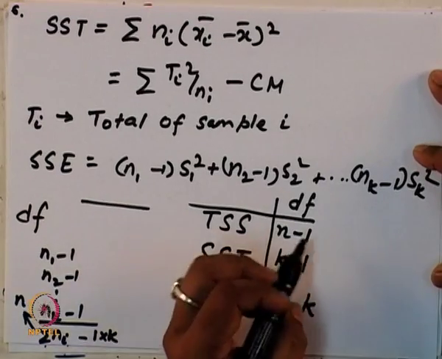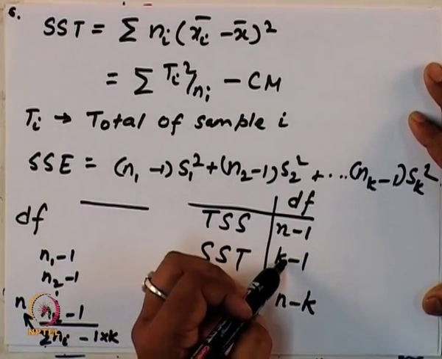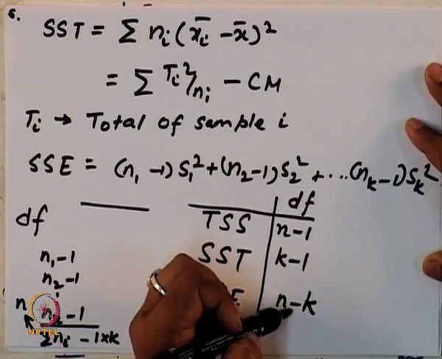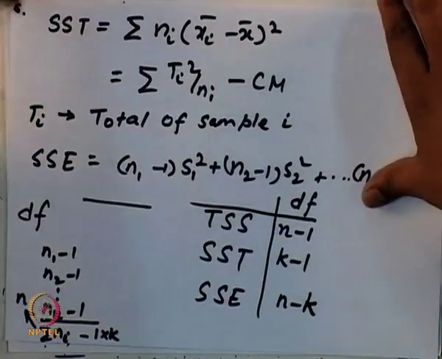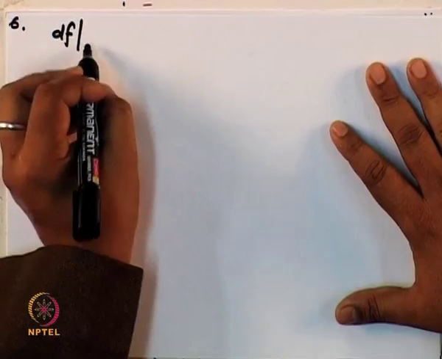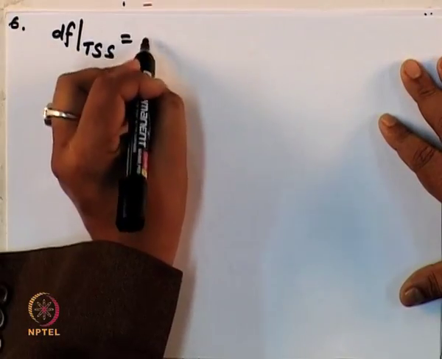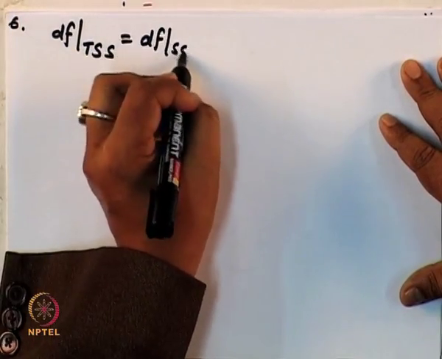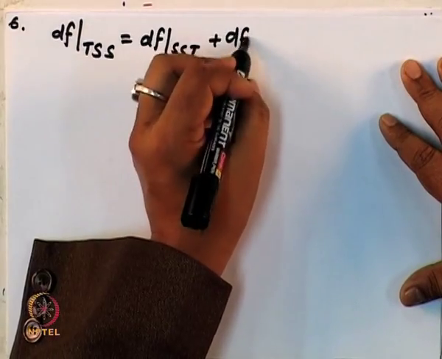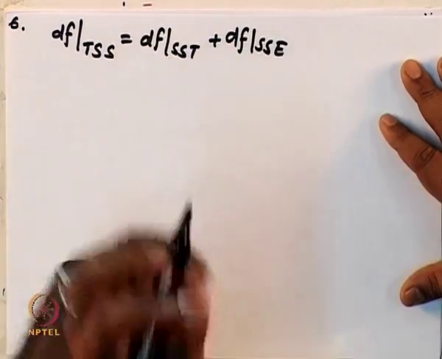So, you can see that n minus 1 minus k minus 1 equals n minus k. So, you can write down the expression that df of TSS is equal to df of SST plus df of SSE.